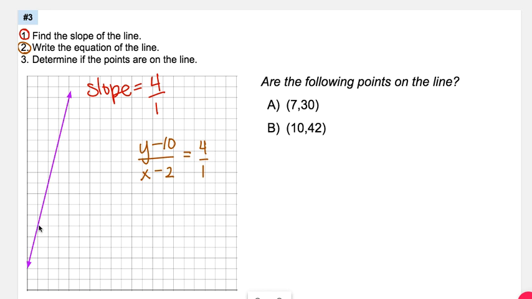I'm going to pick a different slope triangle. Let's pretend this is the slope triangle that you want to use to get your equation. Well, I still know it's going to be y minus something over x minus something, and it's going to equal 4 over 1. That's not going to change because my slope will always be 4 over 1.